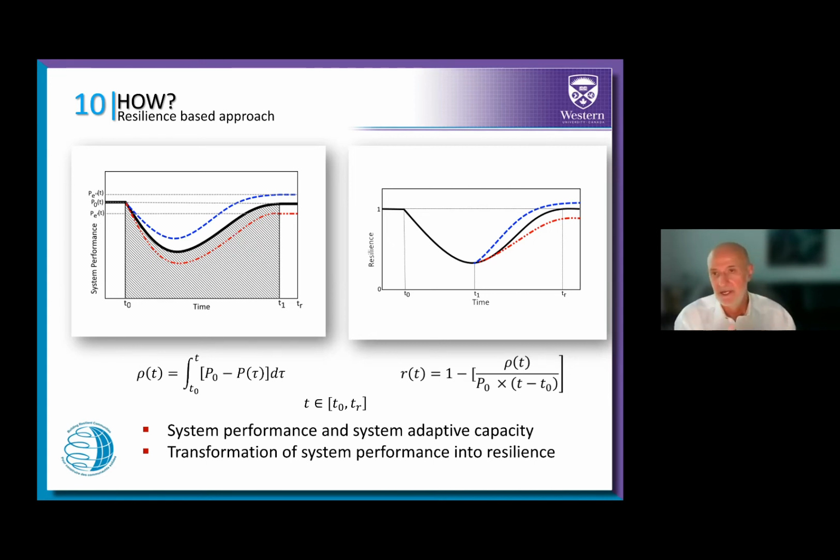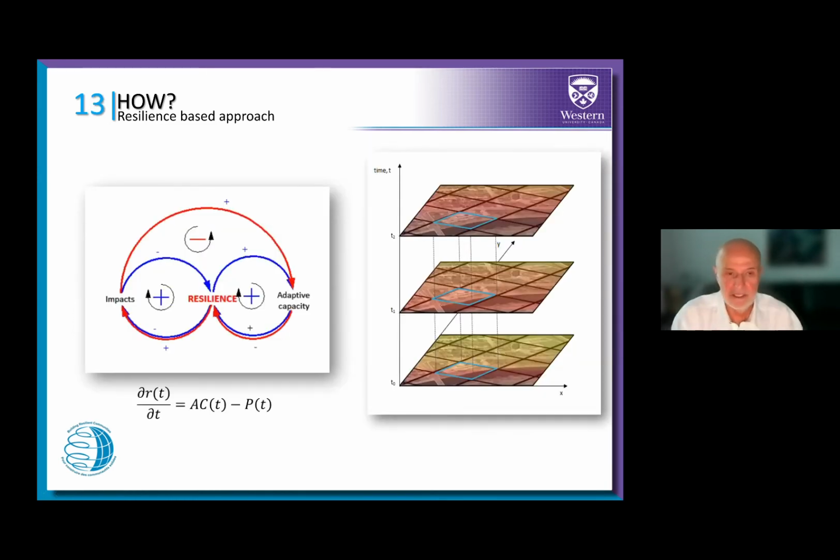We can use the economic damage in dollars or RMBs, and so you can analyze the performance in their own units, and then through this simple transformation, bring them all back on the scale 0 to 1, that can be added together and represent the resilience of the whole system.